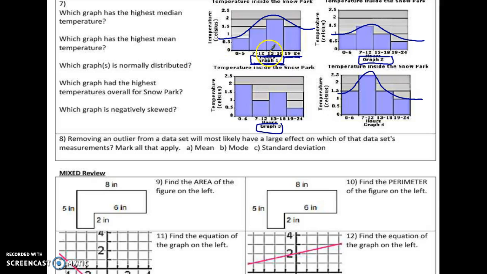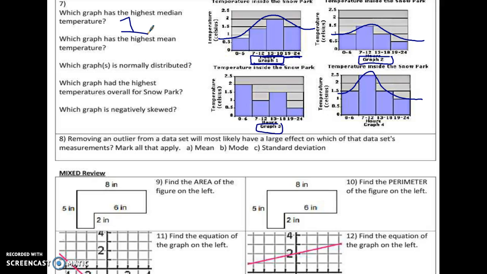We could guesstimate how many are in each bar, but this graph has more high bars or more higher numbers, graph 1, than the other graphs. So that would mean the highest median temperature would be graph 1.